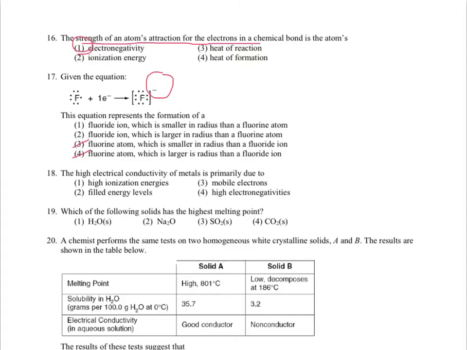The fluorine ion, because it gained an electron, will be larger. Notice that the fluorine atom has 7 electrons and the fluorine ion has 8, as represented by the dots in the Lewis dot structure. Now, the high electrical conductivity of metals is always due to mobile or moving electrons.